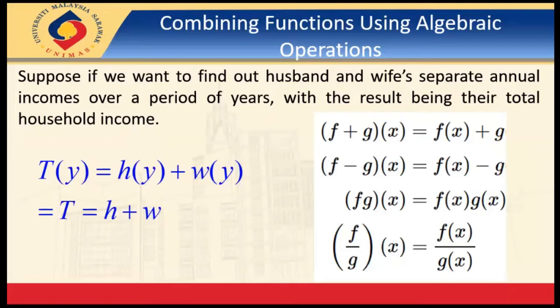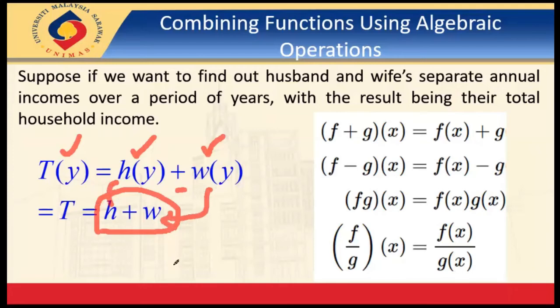So the total yearly income is equal to the husband's yearly income plus the wife's yearly income. We can write it like this: T of H will be equal to H, which is a function of the husband's yearly income, plus the output of this function.